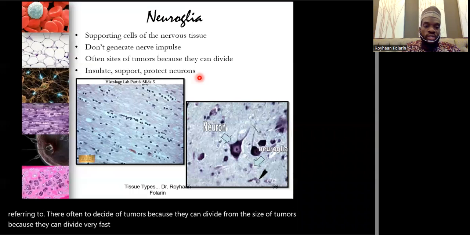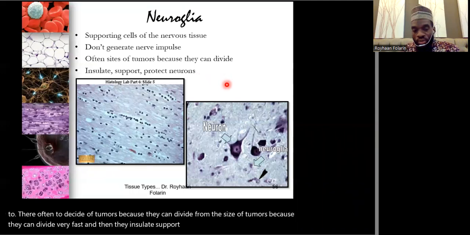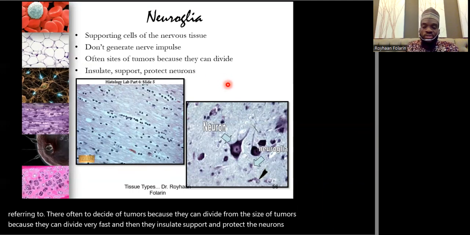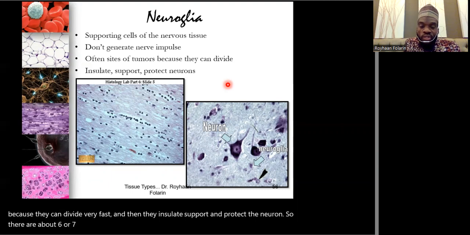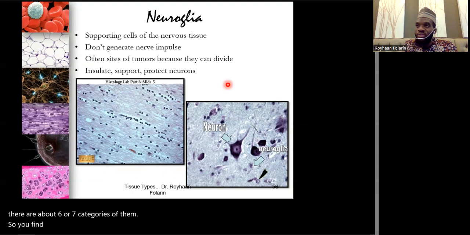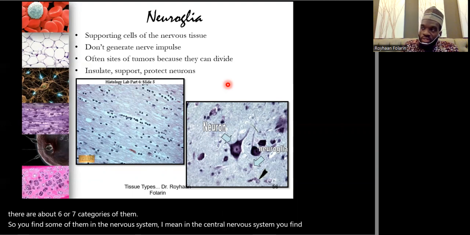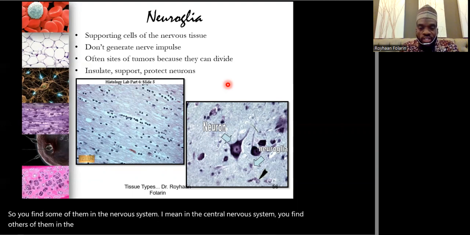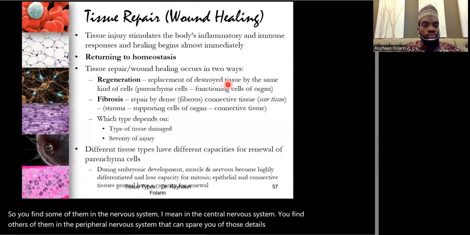And then they insulate, support, and protect the neuron. So there are 6 or 7 categories of them. So you find some of them in the central nervous system, and others in the peripheral nervous system. I can spare you those details for now.